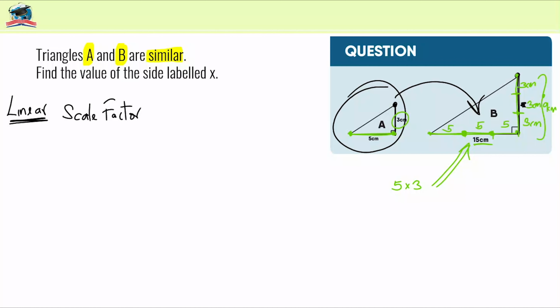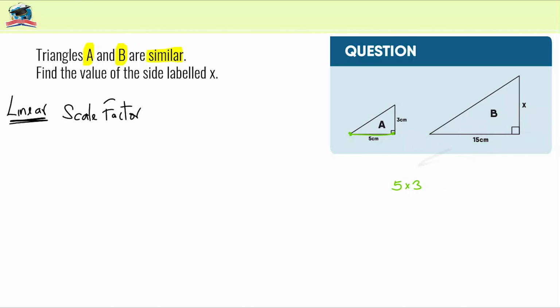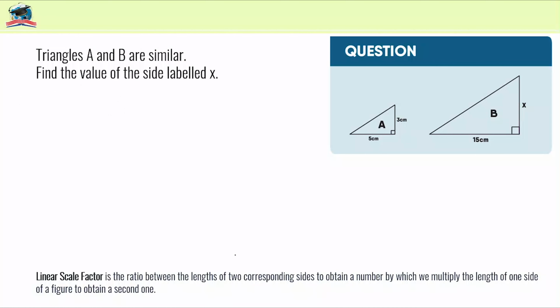Good. So we will be employing the phrase linear scale factor here. Let's tidy up. Let's rub everything off. And then we look into the definition of linear scale factor. Linear scale factor is the ratio between the length of 2 corresponding sides. You can see the length coming up here, length, because it has to do with linear, of 2 corresponding sides.